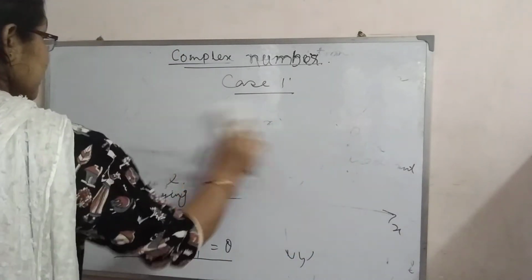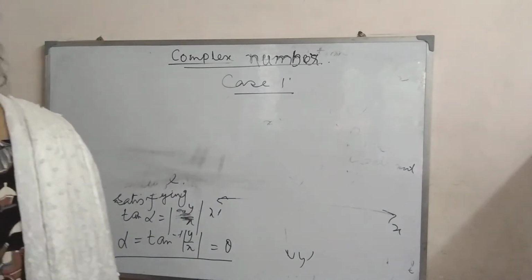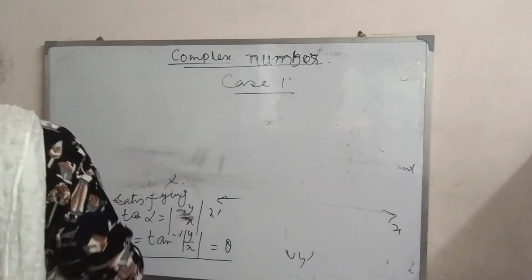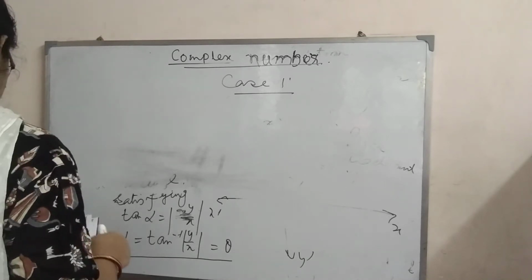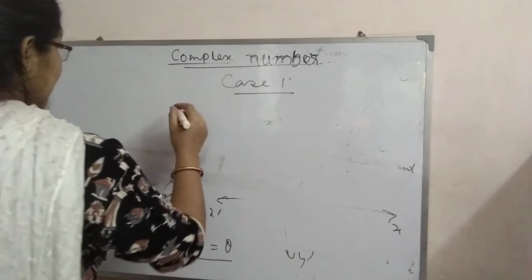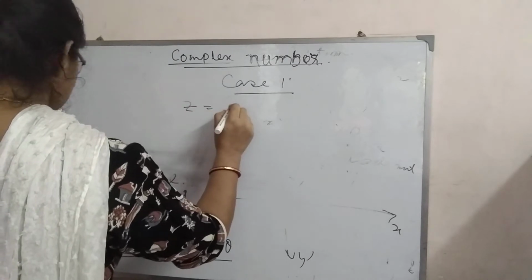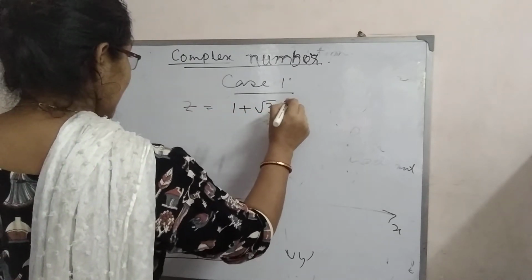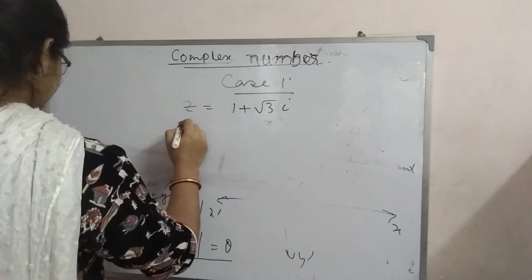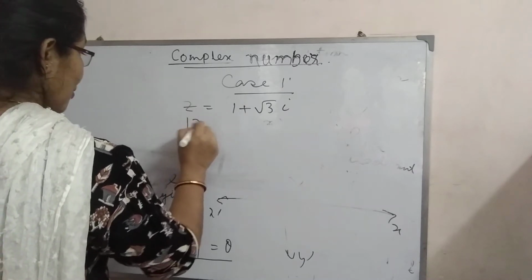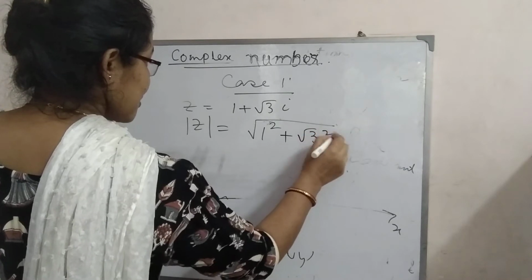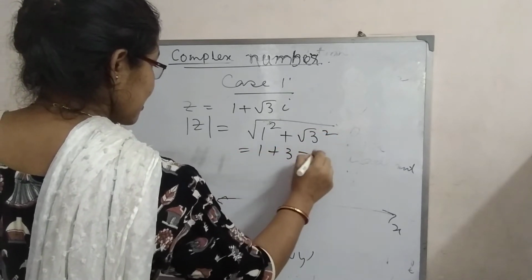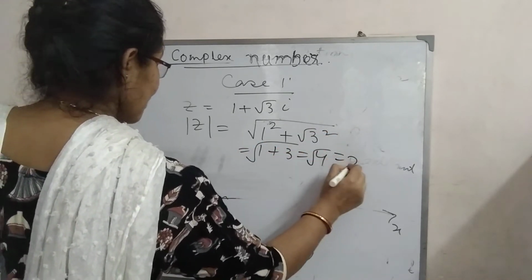If I give an example that z equal to 1 plus root 3 i, then modulus z equal to root over 1 square plus root 3 square, that is 1 plus 3 equal to 4, that is 2.